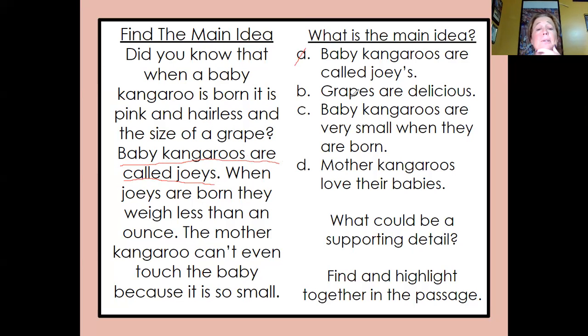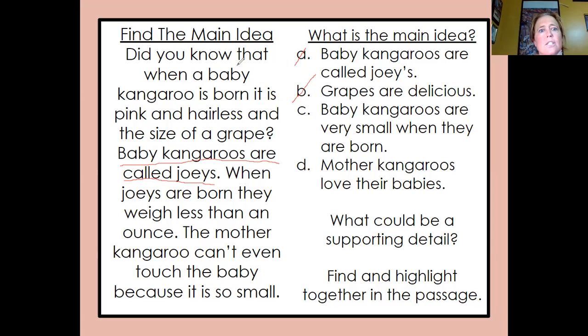Grapes are delicious. Well, I remember in the passage that they talked about how the kangaroo, when it's born, is the size of a grape, but there's nothing about how grapes are delicious. So we know that can't be it. Baby kangaroos are very small when they are born. Okay, so let's look and see.